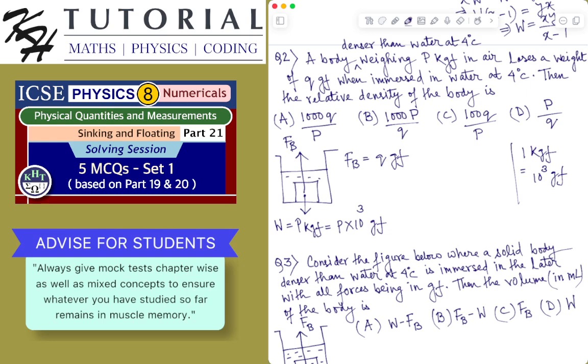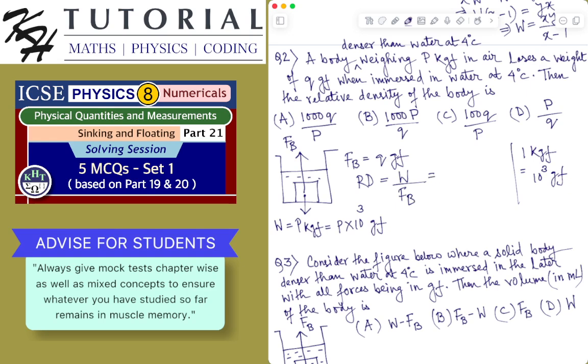Okay, then as per the formula, the relative density of a body which is denser than water at 4 degrees centigrade is the weight of the body divided by the buoyant force.